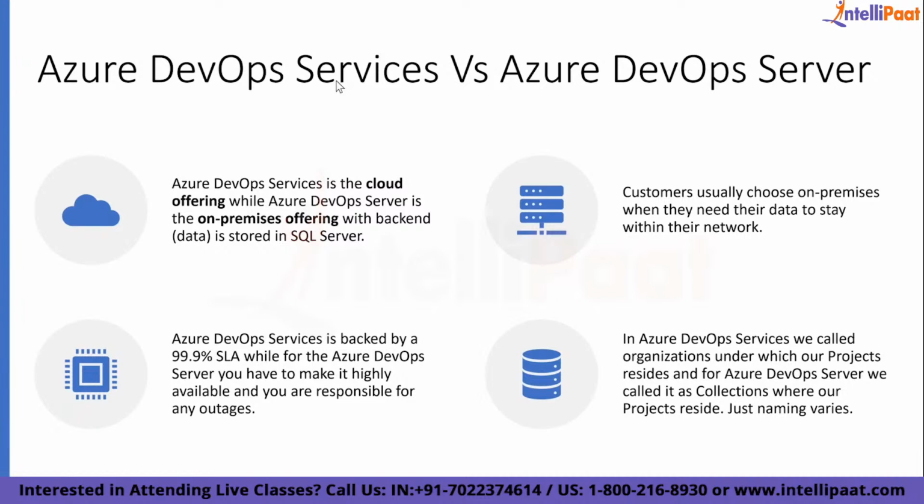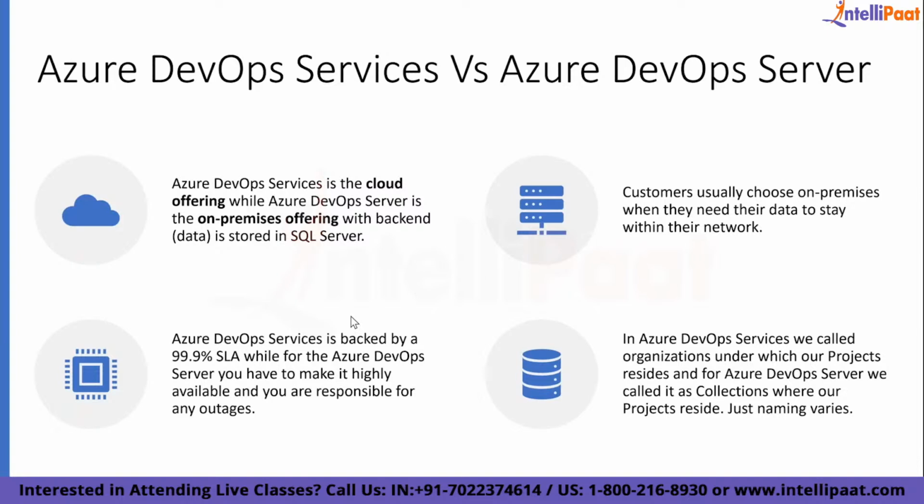Server is on-premises, service is the cloud. Usually, Azure DevOps Services is backed by a 99.9% SLA. But for Azure DevOps Server, the company is responsible for that. Because if the data is in their company data center, how will Microsoft be responsible for the SLA, right? Microsoft just gives the software to the company, and they manage and maintain it.